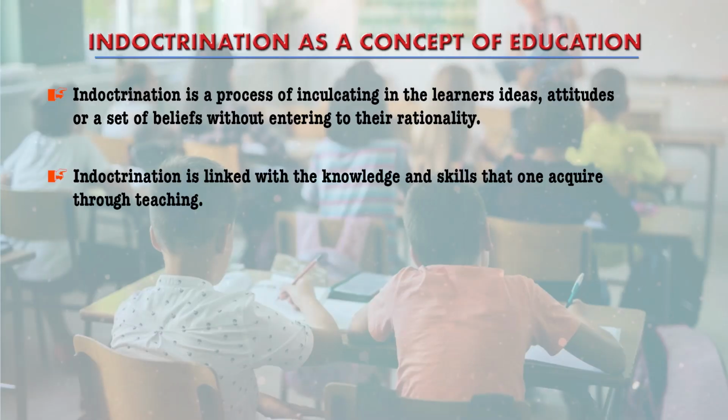So that's why indoctrination is above the other connotations and the other concepts that we have discussed that come under education. So, indoctrination helps you to practice a thing blindly, you can say that you have already developed a positive attitude and values, and further indoctrination is linked with the knowledge and skills that one acquires through teaching.